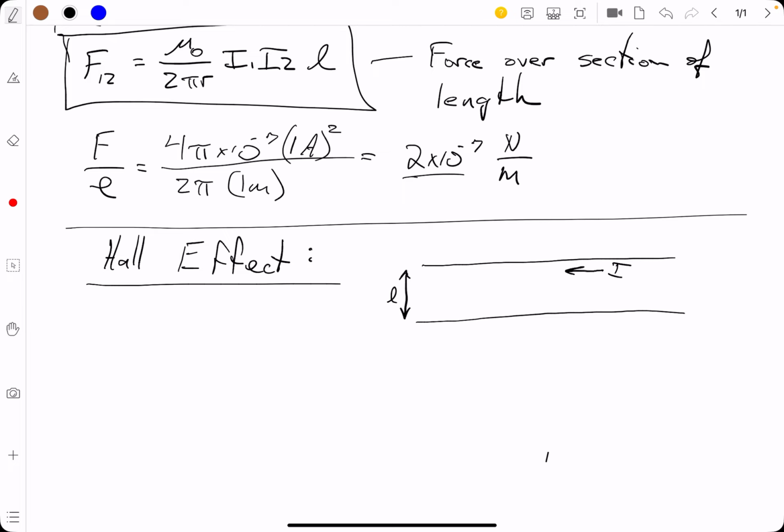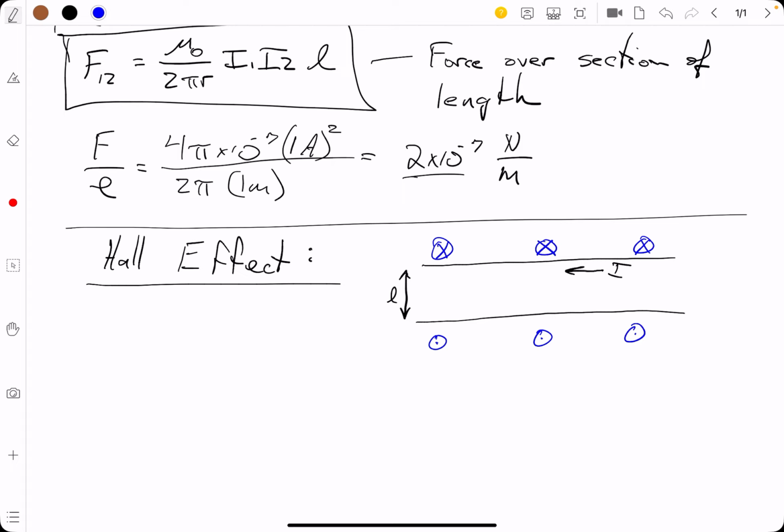Fine. So if our current's going this way, what is our B field? Do I care about the B field? And why are my B fields the same on both sides? I don't know. I don't think they should be. I think they should be into the page on the top side and toward us out of the page on the bottom side.